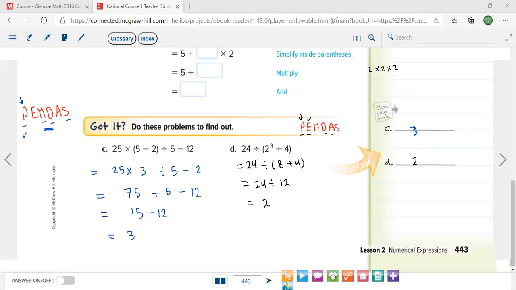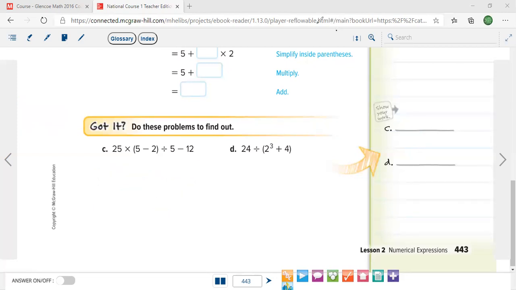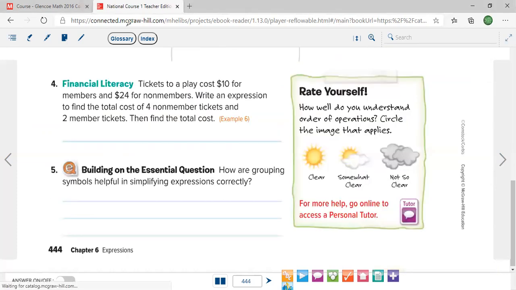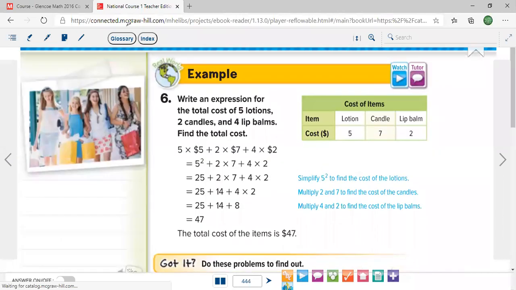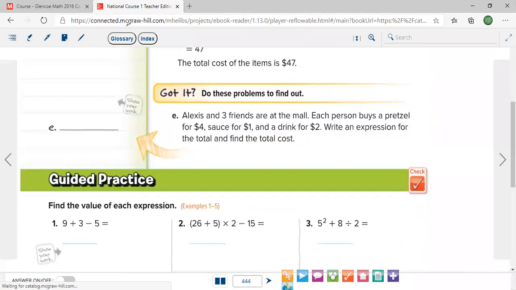Now moving on. In this problem, Alex and 3 friends are at the mall. Each person buys a pretzel for $4, sauce for $1, and a drink for $2. Write an expression for the total and find the total cost.